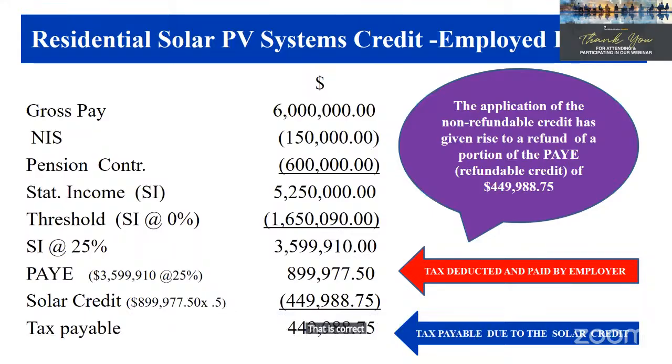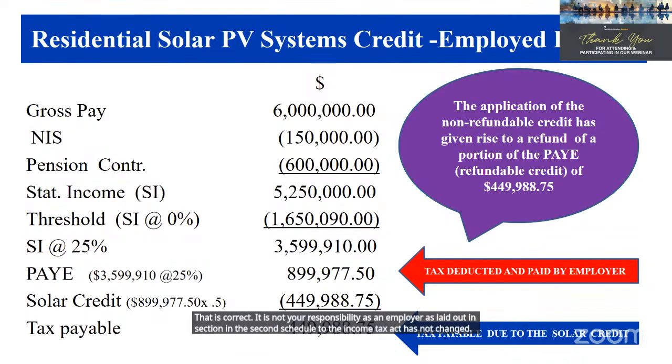It is not your responsibility as an employer, as laid out in the second schedule to the Income Tax Act, which has not changed. So you are required to withhold the tax as is required under the Income Tax Act.